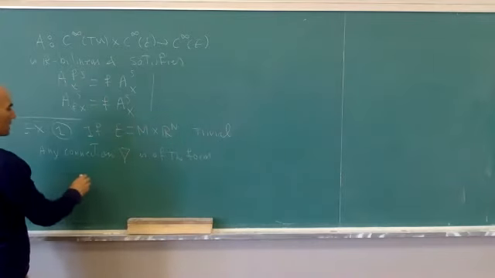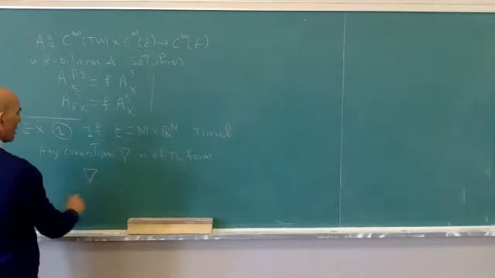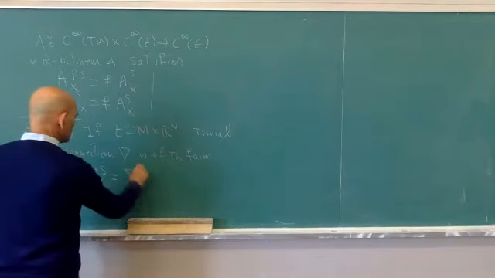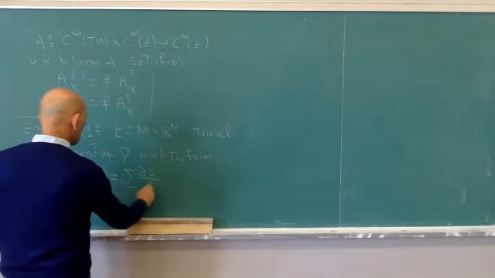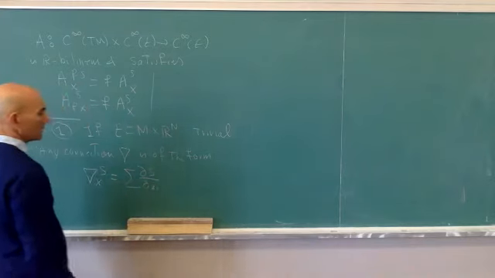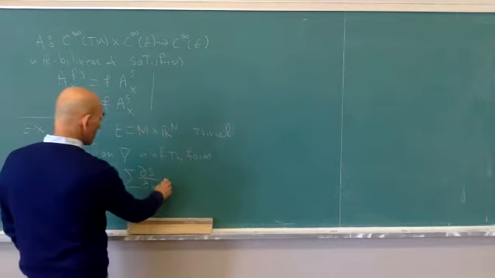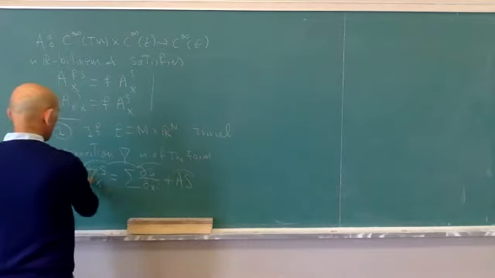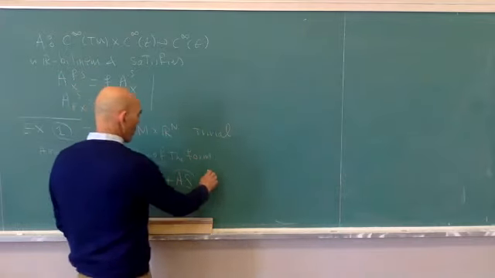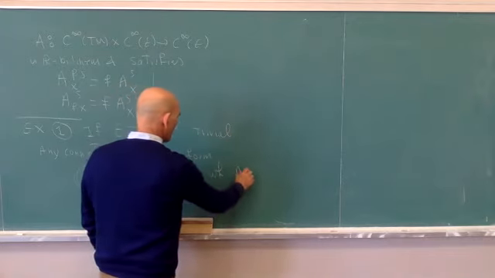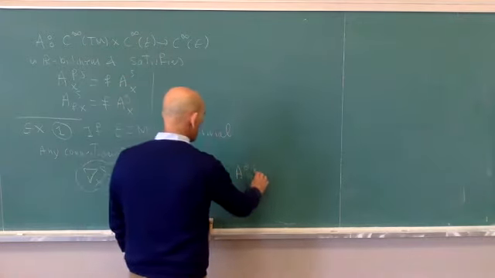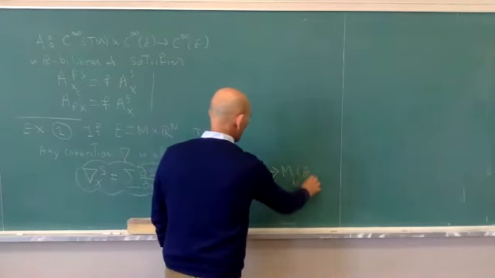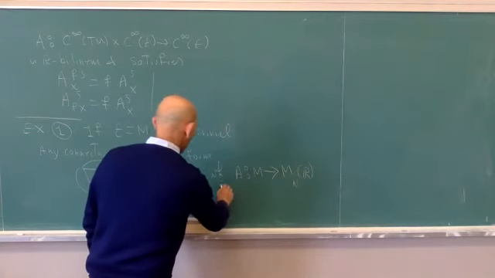So basically this nabla of S x is equal to sum dS dxi, right, plus A S. So let me explain this, where A goes from M to Mn of R, is a matrix valued map.